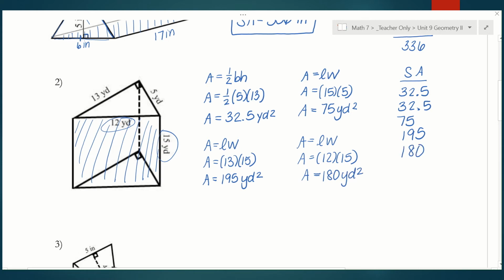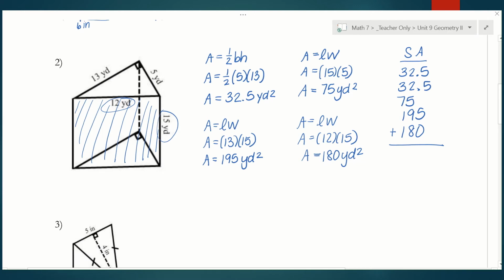Okay, so let's double check. We have our 5 sides, so we can go ahead and add. And we are going to get 515. So the surface area of this triangular prism is 515 square yards.